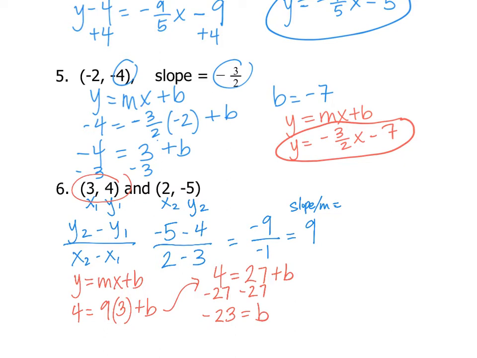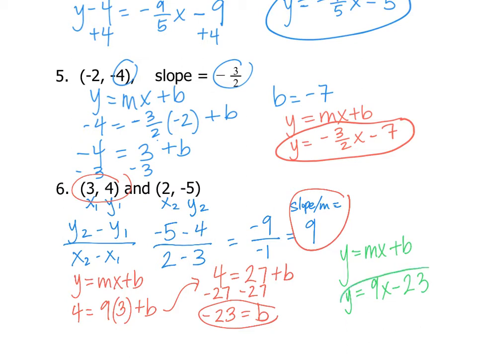Okay, so now since we have b and we have our slope, now we just have to put this information into our slope-intercept form. So slope-intercept form again is y equals mx plus b. And so we're just going to plug in the m and plug in the b, and we are done. So there you go.